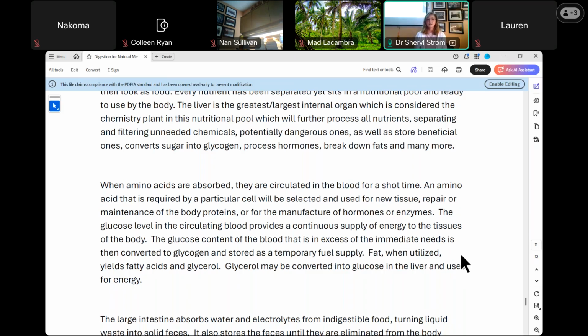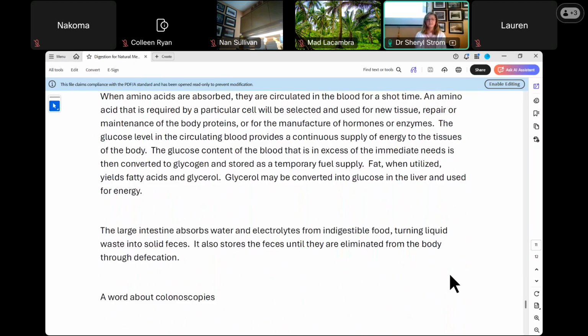And then the glucose content of the blood that is in excess of the immediate needs is converted to glycogen and stored as a temporary fuel supply. Fat, when utilized, yields fatty acids and glycerol, which may be converted into glucose in the liver and used for energy. And then the large intestine absorbs water and electrolytes from indigestible food, turning liquid waste into solid feces. And it also stores the feces until they are eliminated from the body through defecation.